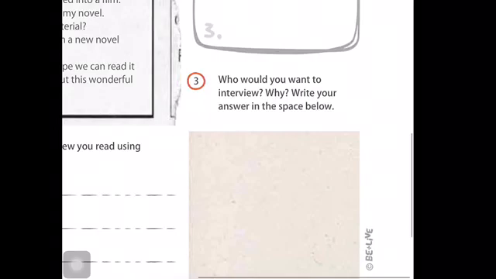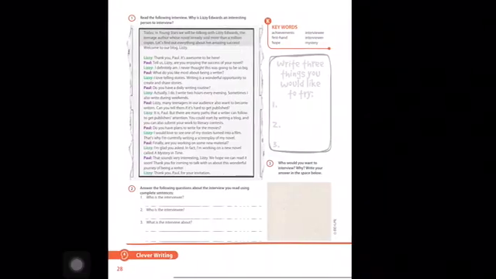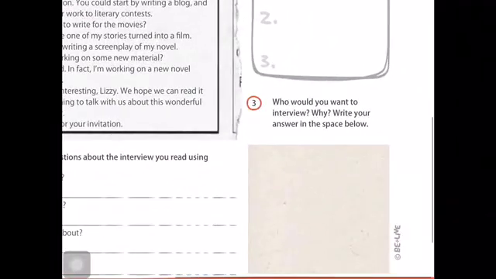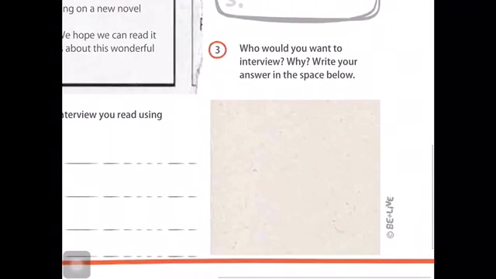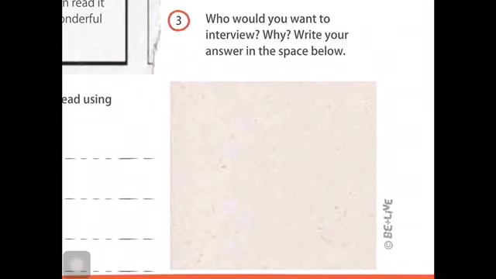And in exercise 3, who would you want to interview? Why? Write your answer in the space below. Let's suppose that you want to interview a famous actor or a famous singer. For example, Will Smith.